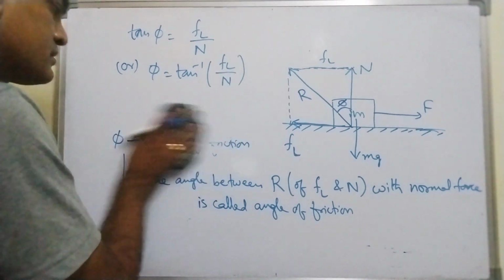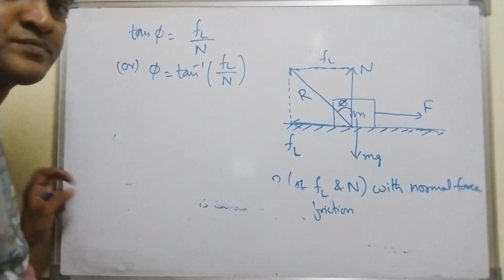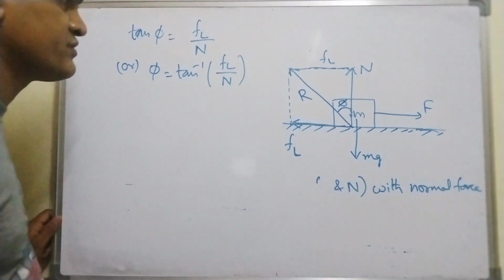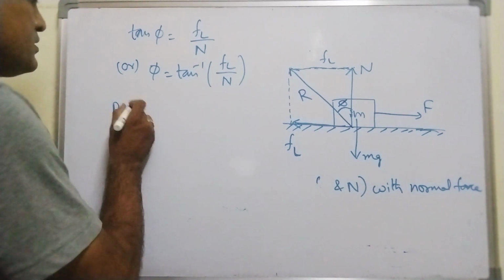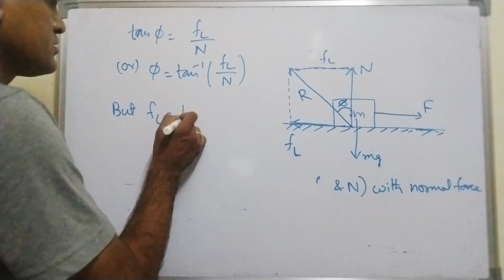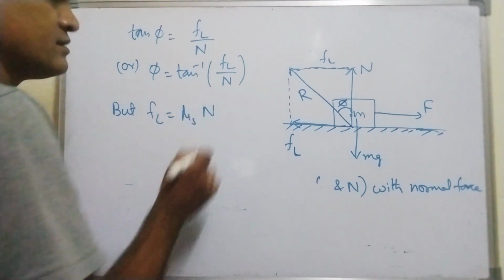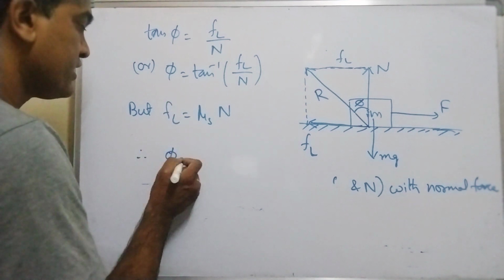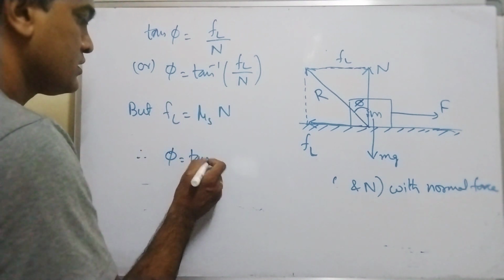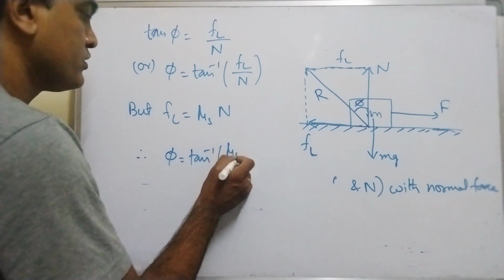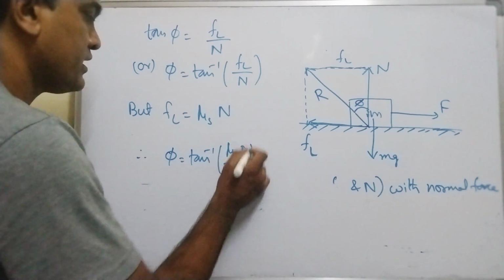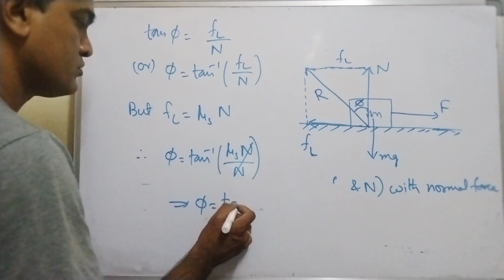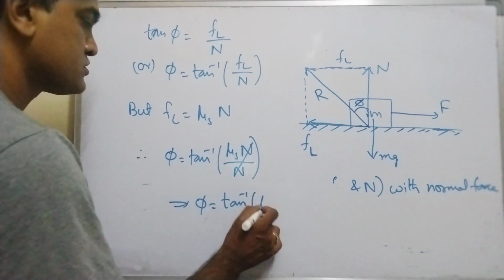Right? But you know the formula for limiting friction. What is that formula? Limiting friction is nothing but mu s into N. Therefore, phi is equal to tan inverse of mu s into N by N, which comes out to be phi is equal to tan inverse mu s.